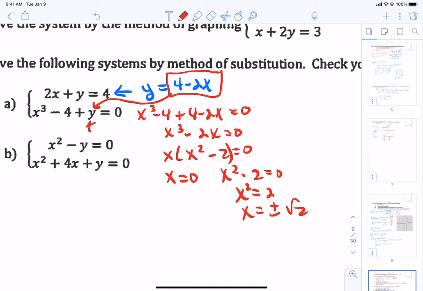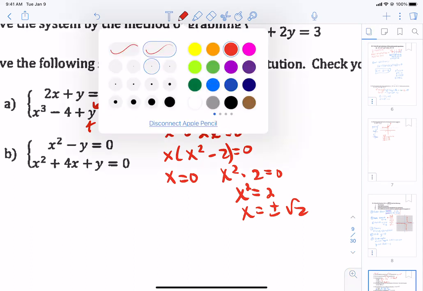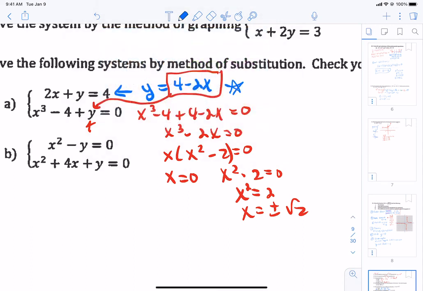And now let's just find the y's that go with it. Now this is the y formula, so just plop it right into that. So the y here would be 4 minus 0, or 4. So they are going to want points. And then here, the first y, if I plug in positive square root of 2, is going to be 4 minus 2 square root of 2.